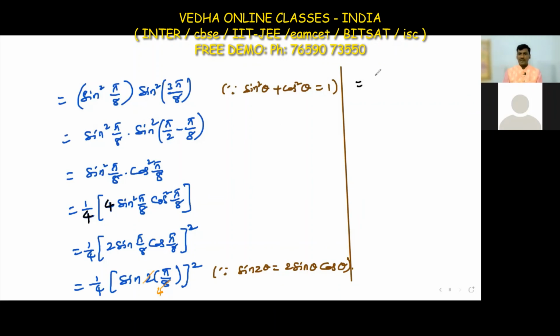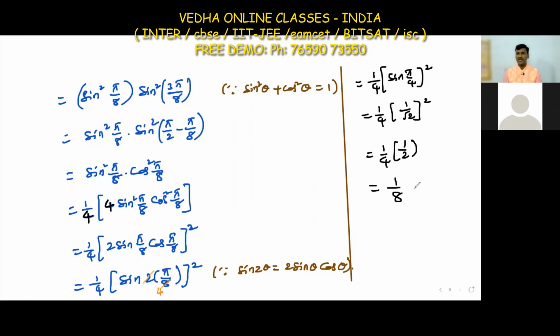So that is nothing but 1 by 4 into sin 45 degrees, that is sin pi by 4, and whole square. What is sin 45 degrees? 1 by root 2, whole square. 1 by root 2 whole square is 1 by 2, as the square root gets cancelled. So 1 by 4 into 1 by 2 is 1 by 8.